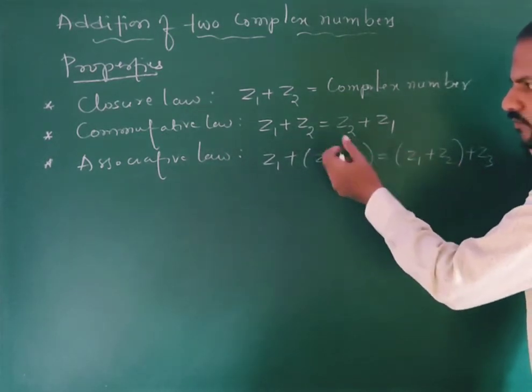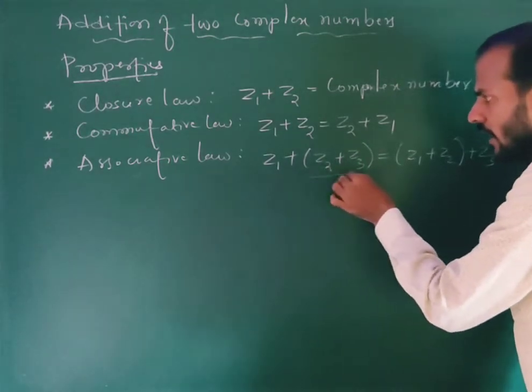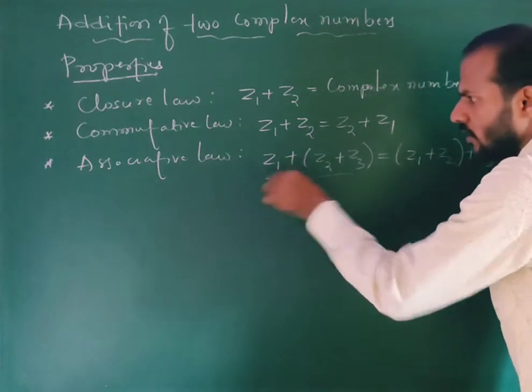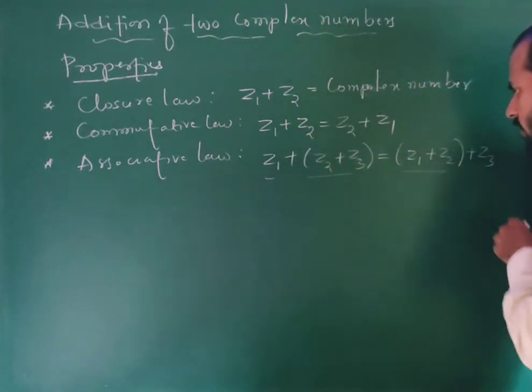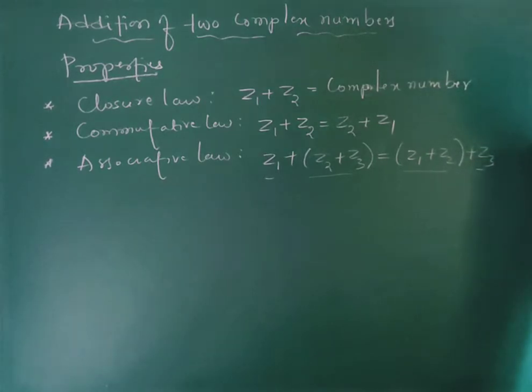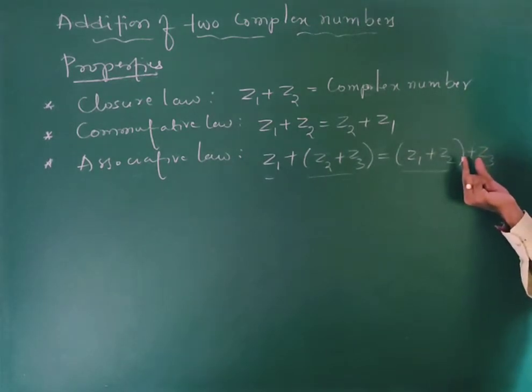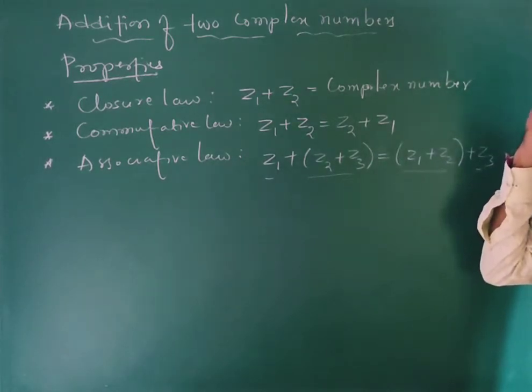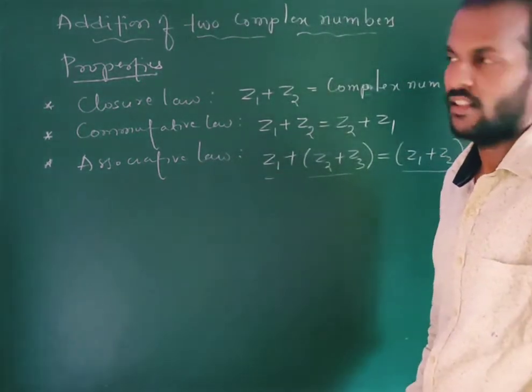Similarly here also take three complex numbers, in LHS add the last two first, later on the first. Again in RHS also add the first two terms first and then the third one. After adding these two, with the solution you get, add Z3. Therefore finally we get LHS equals RHS. Hence our associative law is also satisfied.